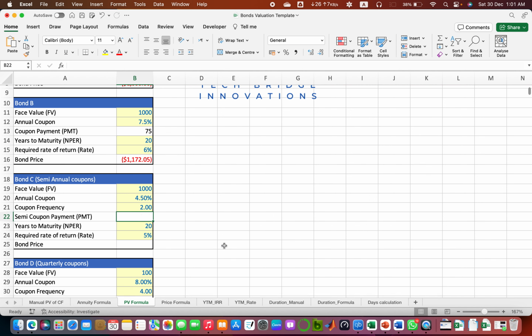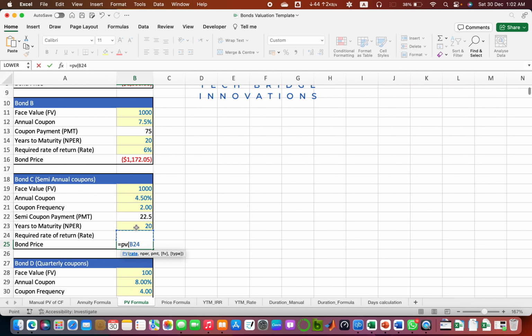Now if we have a semi-annual coupon, PMT we will calculate the usual way. We multiply the face value by the annual coupon, and then since the coupon frequency is 2, we will divide that by its frequency. So this is the payment that we are getting in each period. Now PV, and the rate is the required rate of return, divided by the coupon frequency since this is semi-annual.